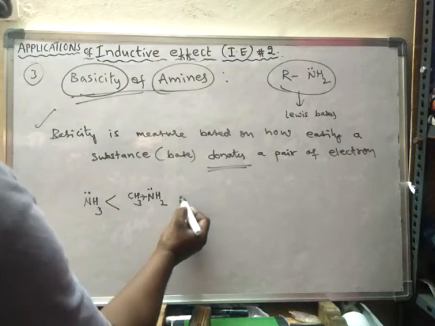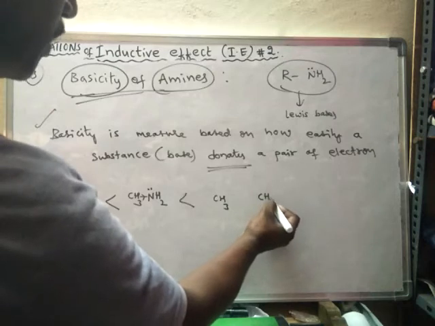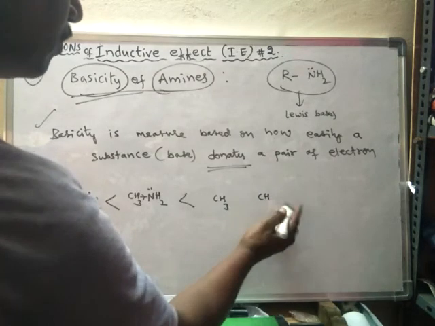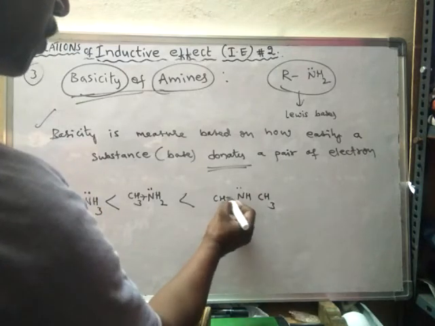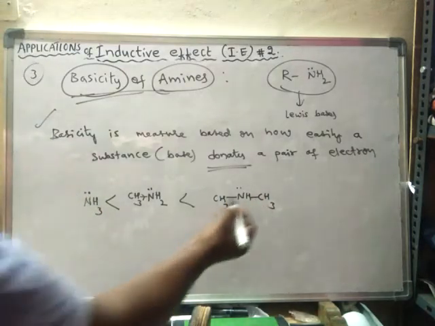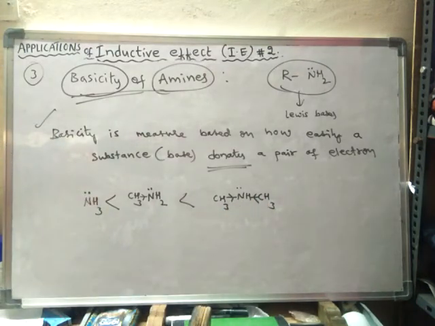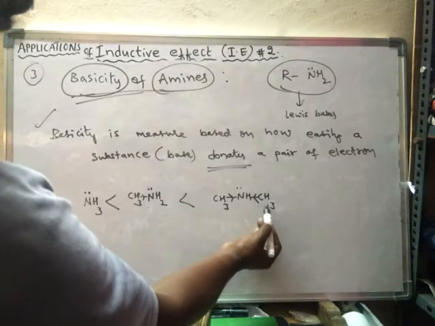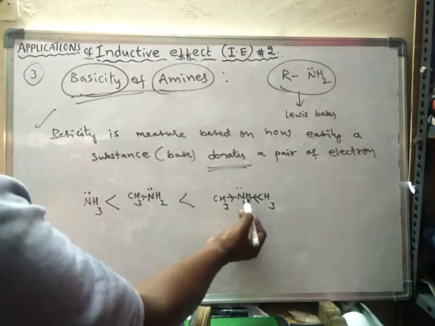Suppose there are two methyl groups attached to that nitrogen like this. Every methyl group is a plus IE group, so each methyl group will release electron density onto this nitrogen.